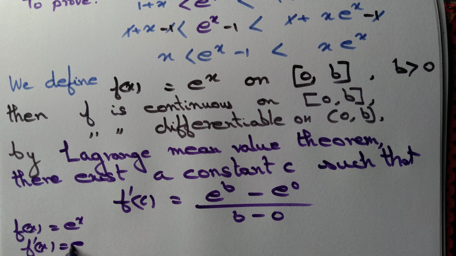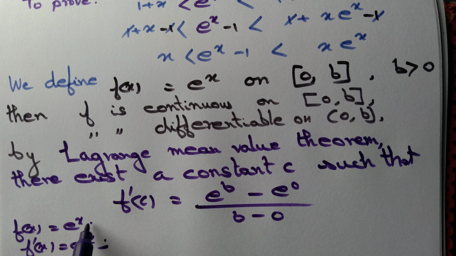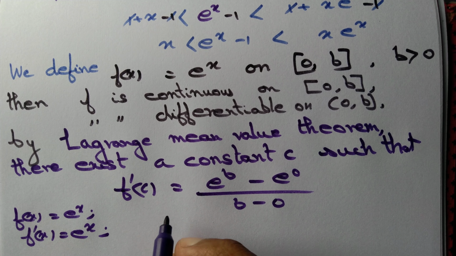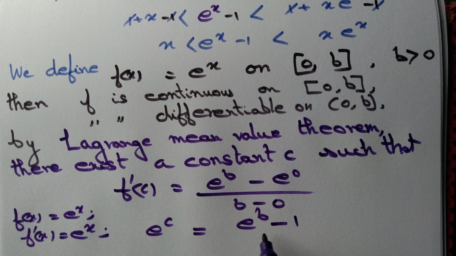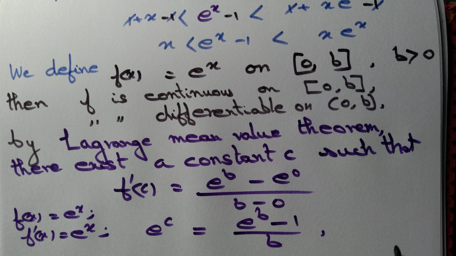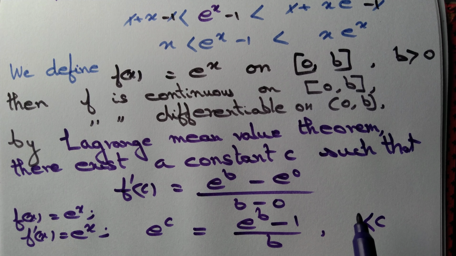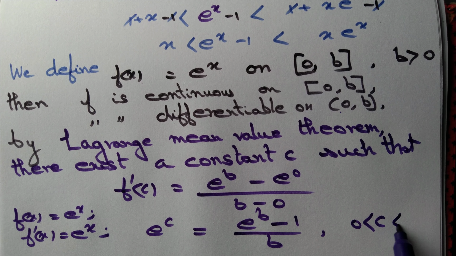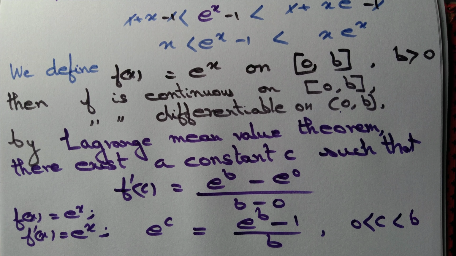The function is quite easy to differentiate, right? The derivative is that function as well. So f'(c) is e to the power c, equal to e to the power b minus e to the power 0, which is 1, divided by b. And that constant c lies in the open interval (0, b), that is c is greater than 0 and less than b.